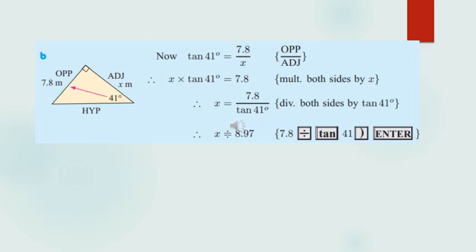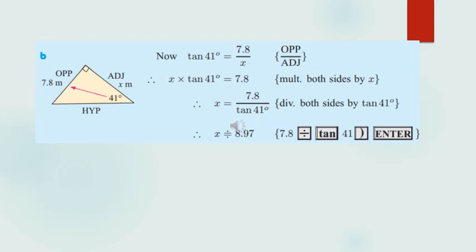Remember, SOH, CAH, TOA. What had the opposite and the adjacent? It's TOA. So we're going to apply the tan rule. The tan of the angle is equal to opposite over adjacent. So we have tan 41 equal to the opposite, which is 7.8 meters, over x. Then solving for x again, solve it as if you are solving any equation.